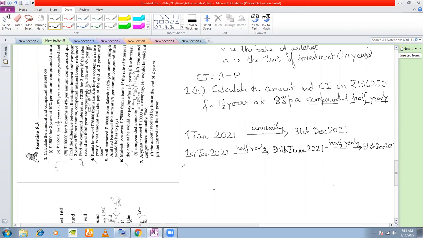So if you are making an investment on 1st Jan 2021, and if your interest is compounded quarterly, then you will get your first installment of interest on 31st March 2021. The next installment of interest you will get in June.